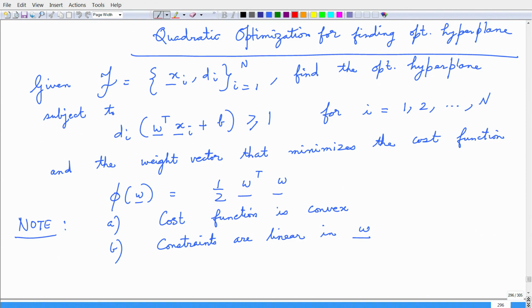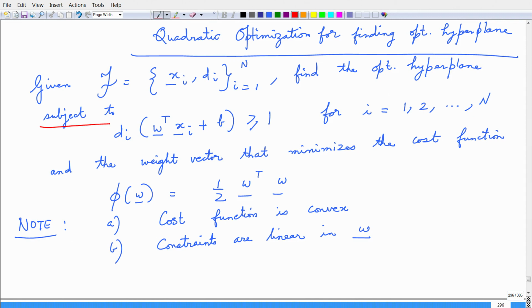We have n examples, and we want to find an optimal hyperplane subject to the constraints di times (W transpose xi plus b) is greater than or equal to 1 for i equals 1 through n.